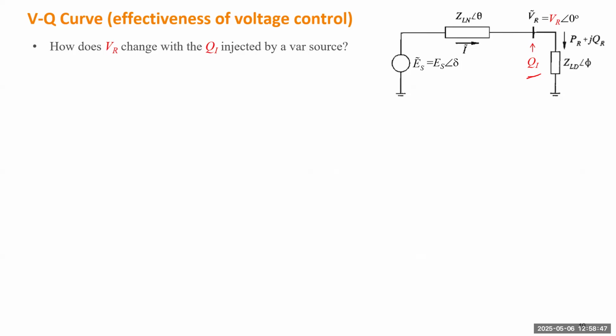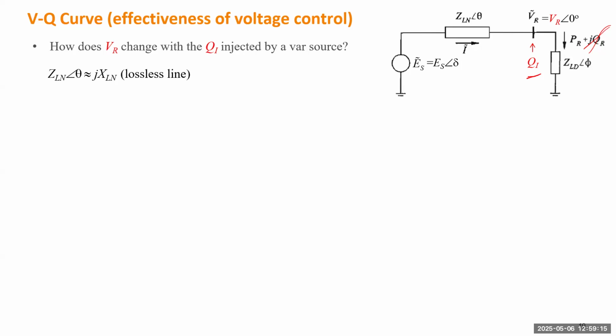We need to figure out a function of how the voltage will change with Q. That one is called a VQ curve. Keep in mind, this Q is not that Q. It's not the load Q. It's actually additional Q injected to this bus. It can be done by a capacitor, SVC, STATCOM, or a synchronous condenser, or any voltage controller we learned from the voltage regulation control session.